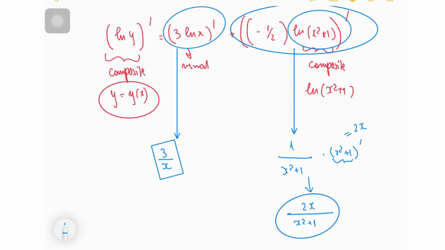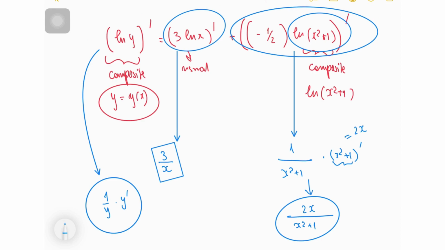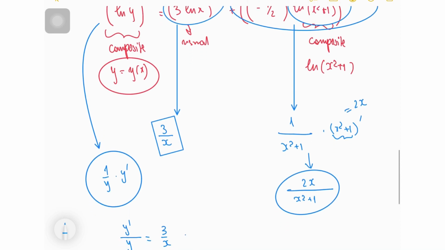This here is a constant, and the derivative of this is 1 over y times y prime as a composite function. So have a look. Okay, so we can write y prime over y equals 3 over x minus 1/2 times 2x over x squared plus 1.